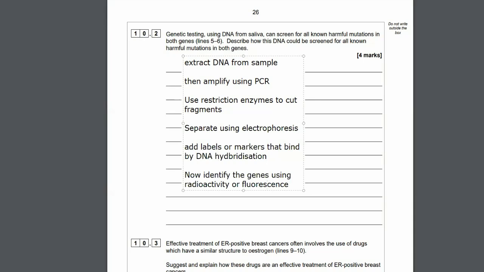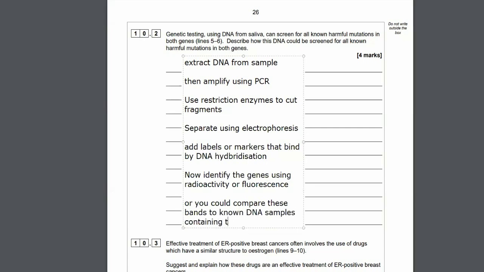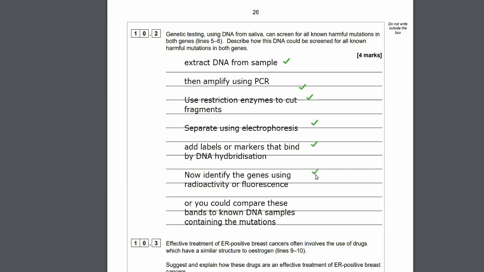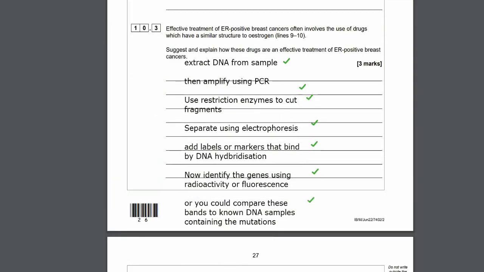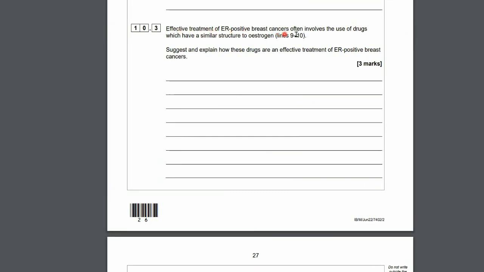And once we've identified them, we could compare them to known bands of the fragments that cause these harmful mutations. So we could have known bands of the harmful mutations, with how far they've moved in the electrophoresis gel, and that could all be labeled up, and we could find that in a data book, and compare our results to that.